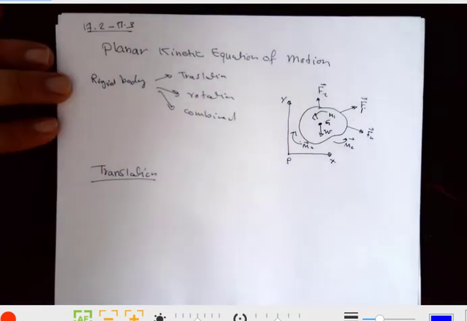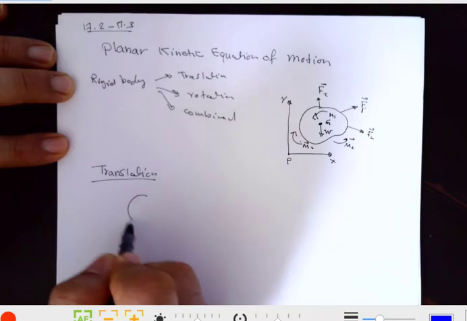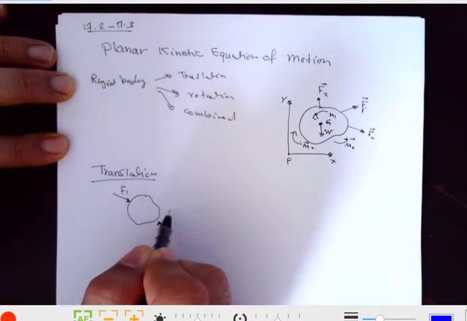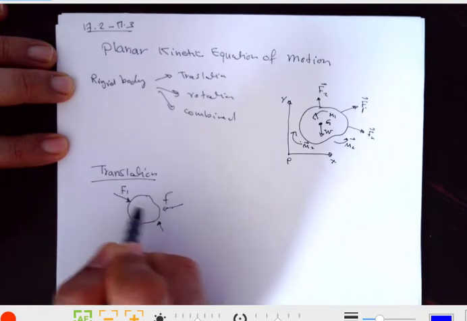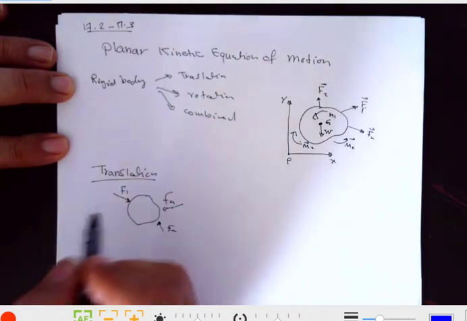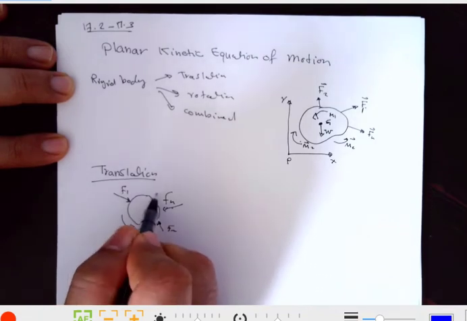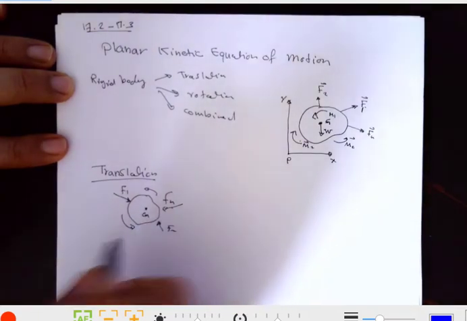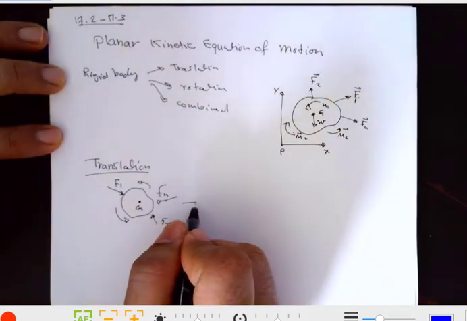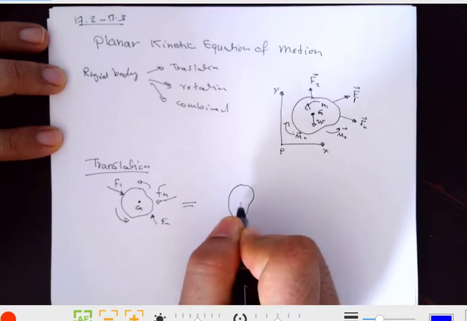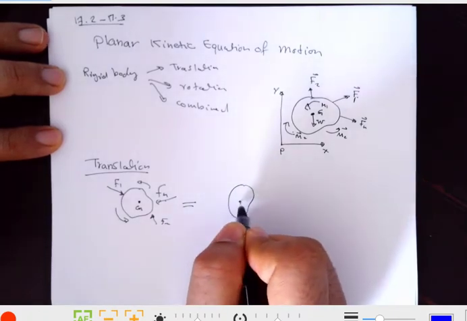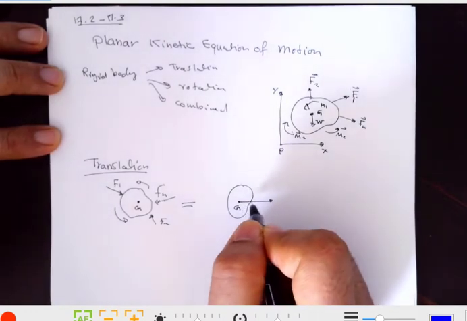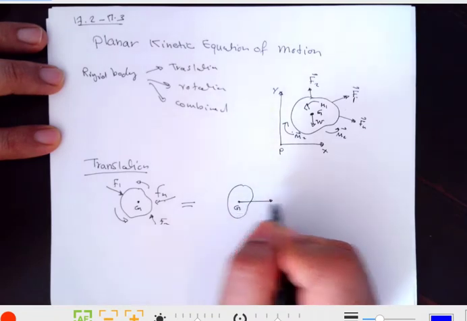When an object has a pure translation, let's say I have an object where all the forces Fn, F2, and also moments, could have moments, but these all together are causing this object to purely translate. Let's say it's translating, or translation means it's linearly moving.